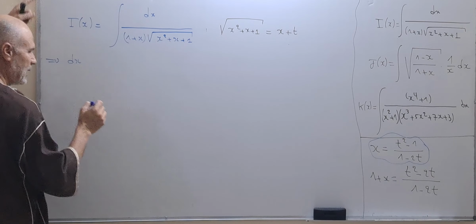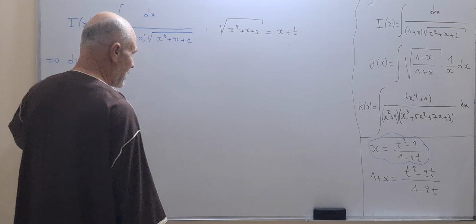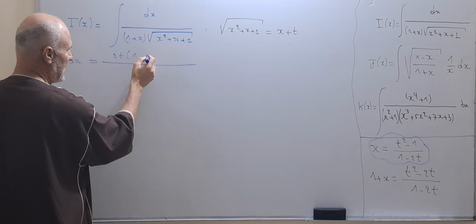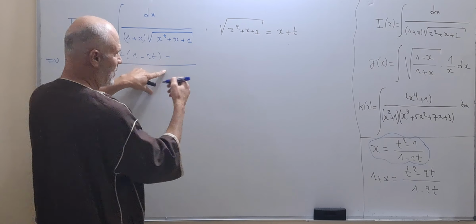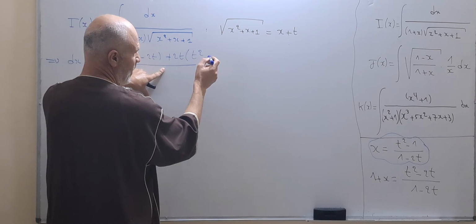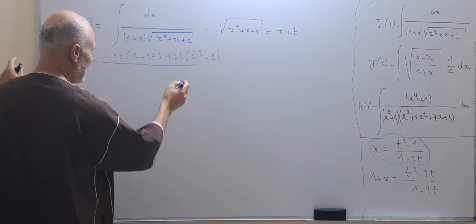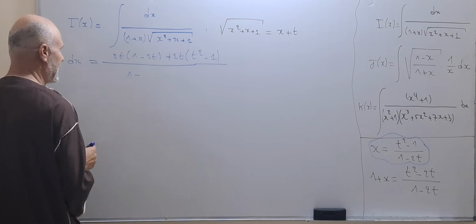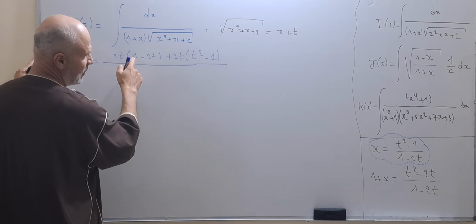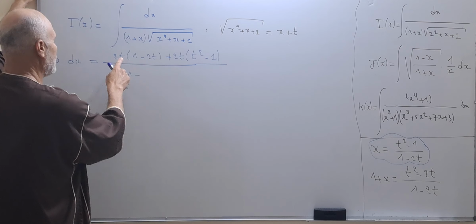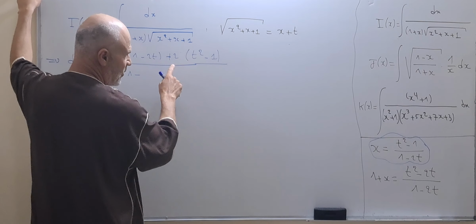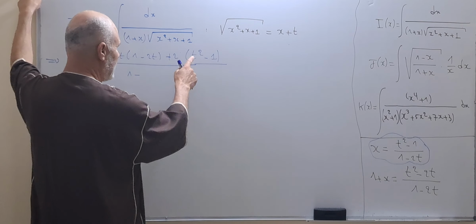This equation implies that dx is equal to 2t times 1 minus 2t plus 2 times t squared minus 1 over 1 minus 2t squared.